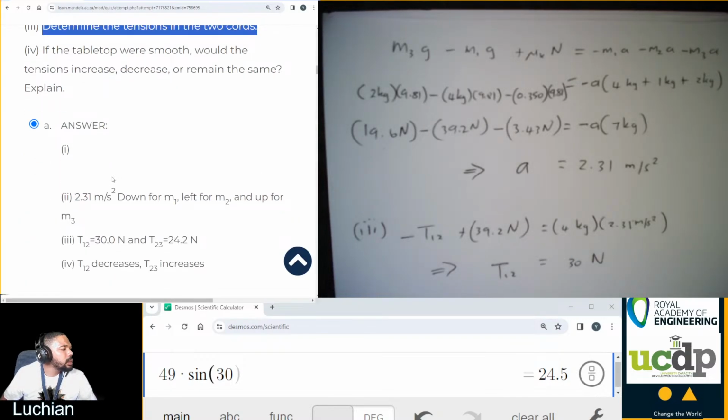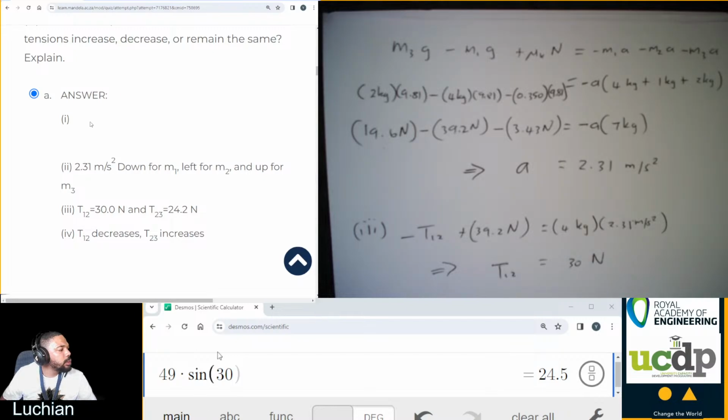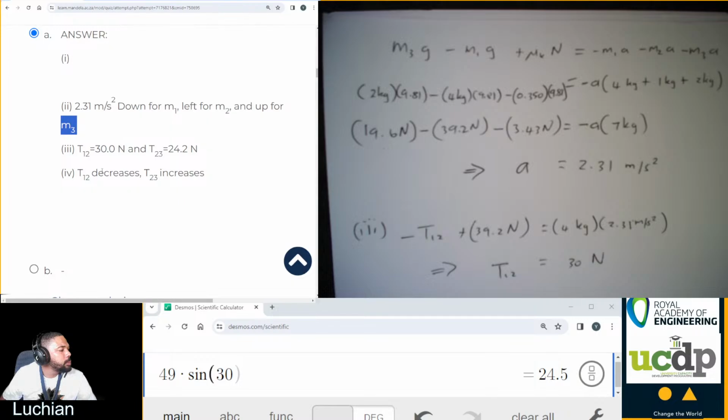Let's check. So the answer, we draw the free body diagrams. The acceleration was 2.31 meters per second squared, down for M1, left for M2, and up for M3. Okay, so that's good. And then T1, we just worked out to be 30 newtons.